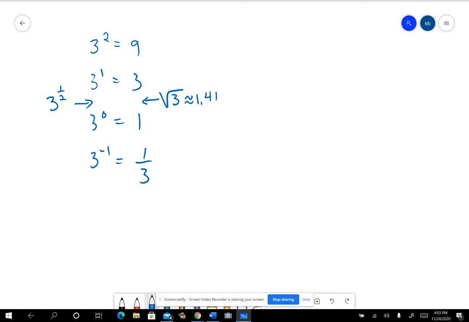So 3 to the 1/2 would fall somewhere in there, and its value would fall somewhere between 1 and 3. It turns out that fractional exponents really correspond to radicals, so fractional exponents can be changed into radicals. Like 3 to the 1/2 we just did, that would be the square root of 3.